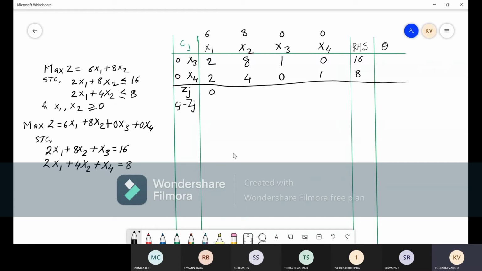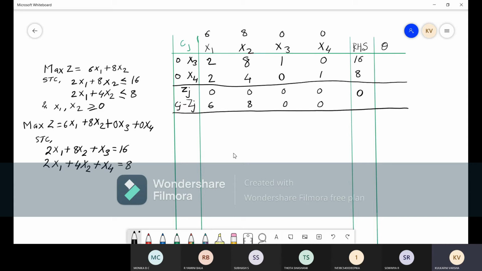So this will be 0, 0, 0, 0, because these coefficients are 0. When we do the dot product, 0 into this plus 0 into this, we get zeros. And 6 minus 0 is 6, 8 minus 0 is 8, 0 minus 0 is 0, 0 minus 0 is 0. So our initial iteration is over.